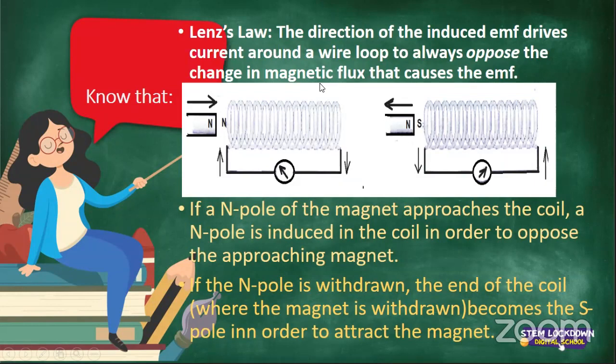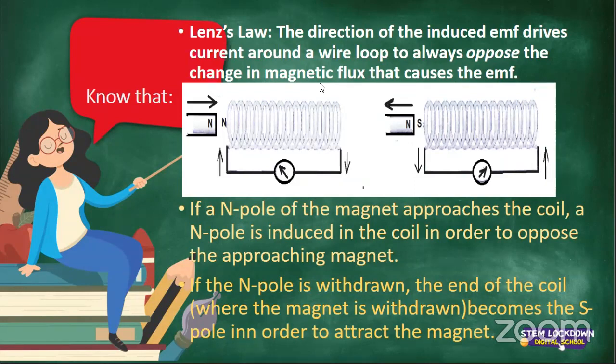Lenz's law says the direction of the induced EMF drives the current around a wire to always oppose the change in the magnetic flux that causes the EMF.